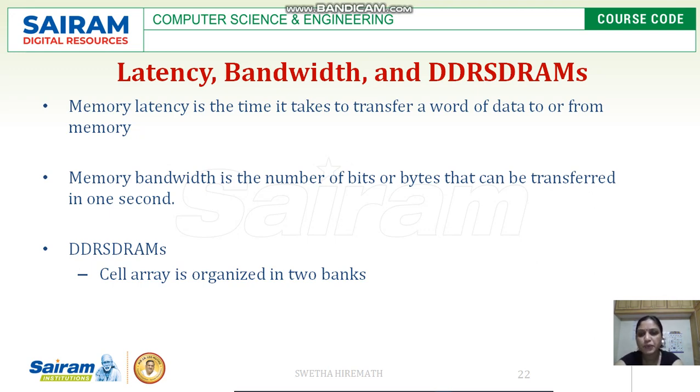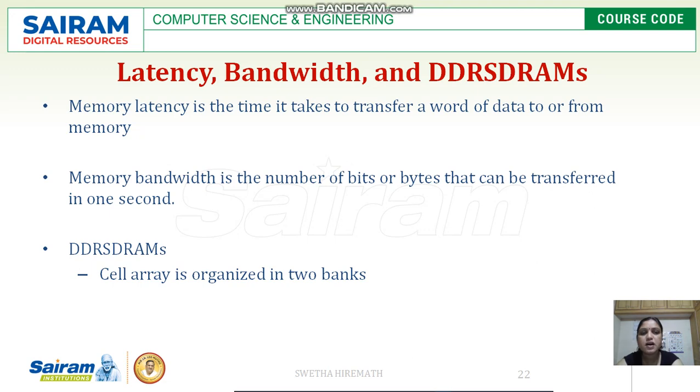Memory latency is the time taken to transfer a word of data to or from the memory. Whatever data you are transferring, a word consists of 1 byte, and a byte consists of 8 bits.